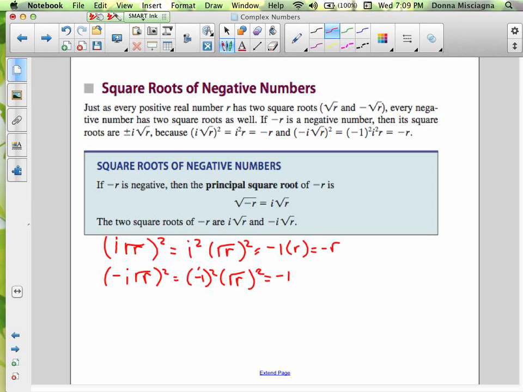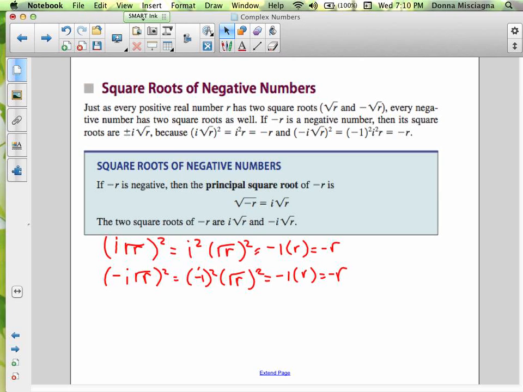We're just going to have two negatives, and then that's going to be a positive. And a positive times a negative is still going to be a negative, so negative 1. And then square and square root cancel, so that would be r. And again, that gives us negative r. So if negative i square root of r squared would be negative r, then the square root of negative r must be negative i square root of r.